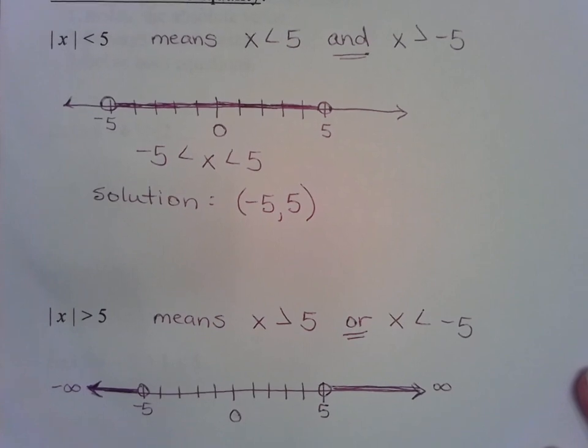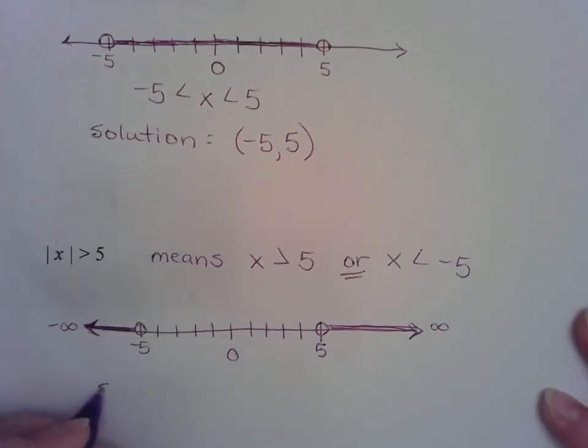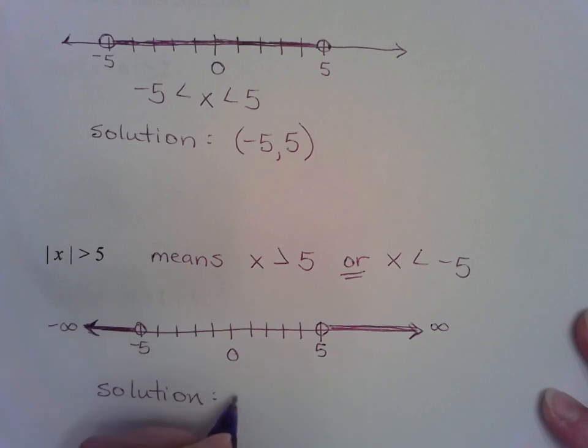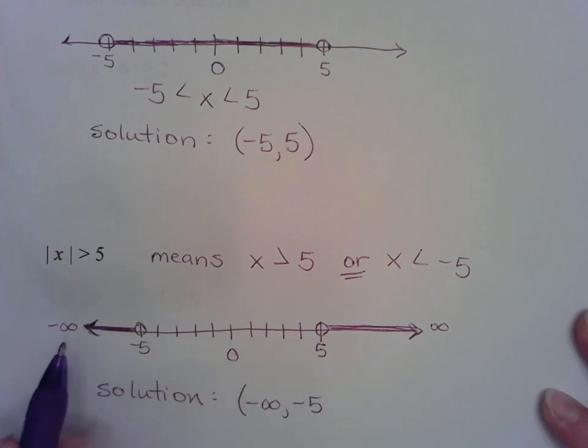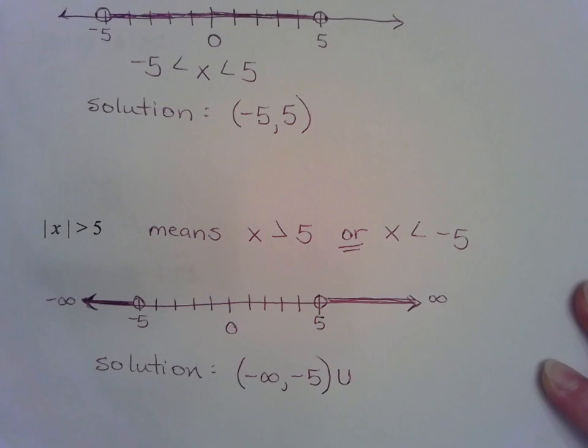Okay, and we could write this in interval notation. So going from left to right, we're going from -infinity up to -5. Just greater than, not equal to, so round parentheses. A union would be appropriate here. And then from 5 up to infinity.